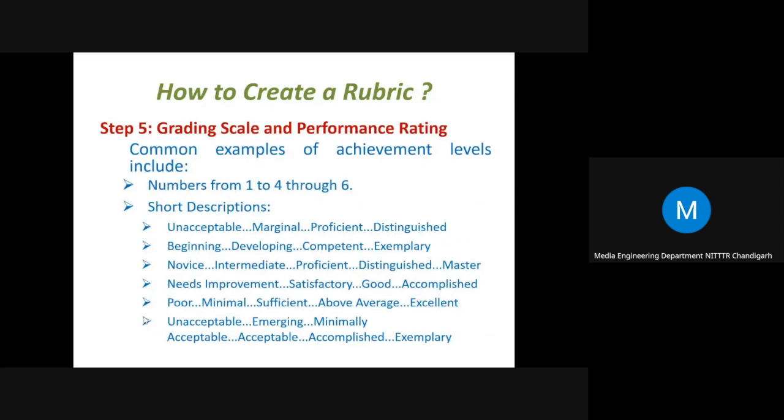These are some common examples of achievement levels. We can have numbers 1, 2, 3, 4, or short descriptions like unacceptable, marginal, proficient, distinguished. We can have any type of performance rating levels best suited to our local scenario.